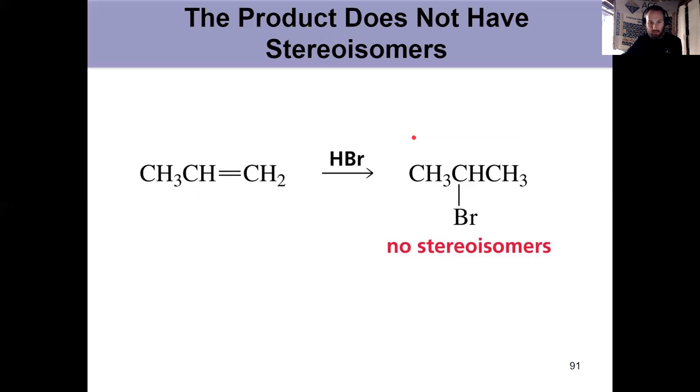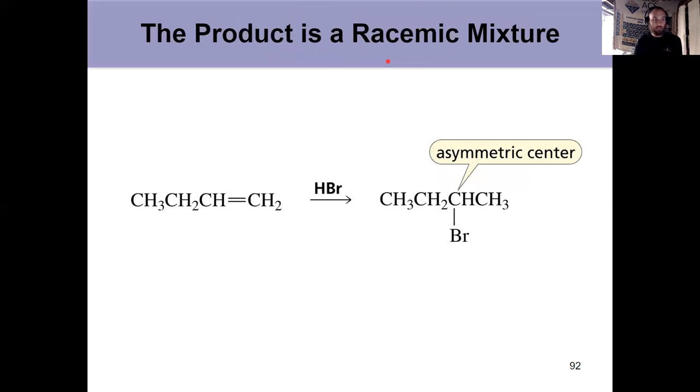It doesn't have an asymmetric center, so I don't care about the stereochemistry in this case. Putting the bromine here on carbon 2 means this reaction was regioselective, as we've covered in the past, but this was not stereoselective or stereospecific because there are no stereoisomers.